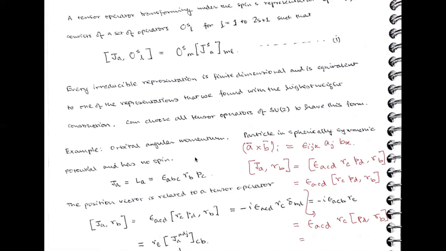So this is going to be minus i epsilon_acd r_c delta_db. So r_a p_a is equal to i, right? This is the uncertainty principle, if you wish, written down in this way. So yeah, that's that.